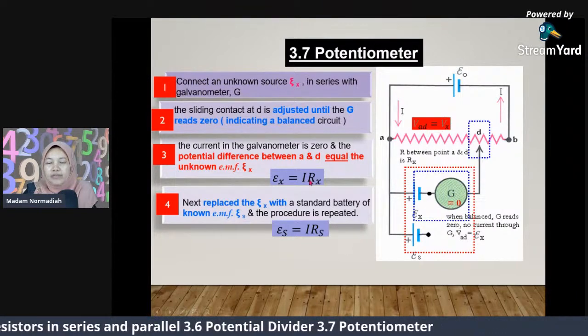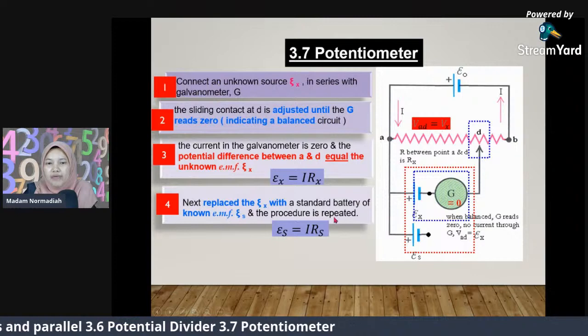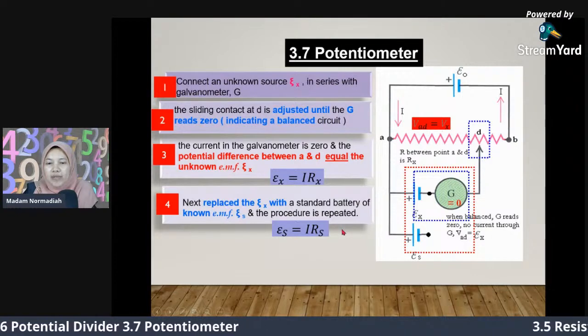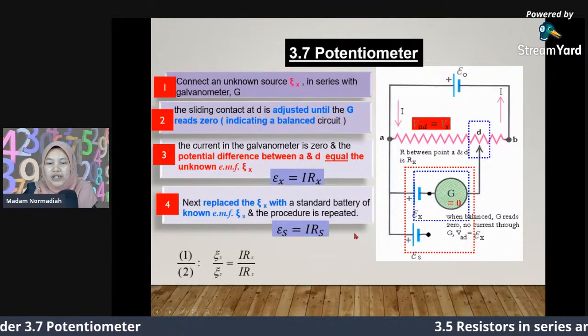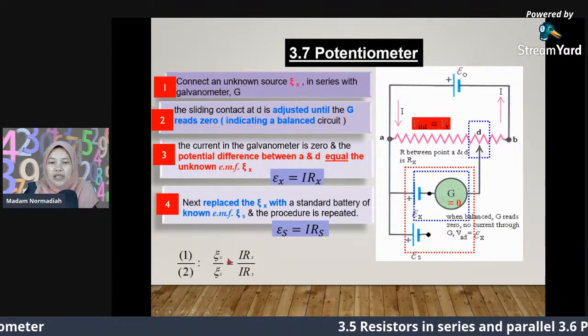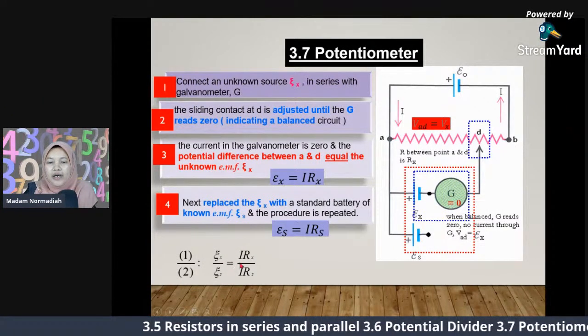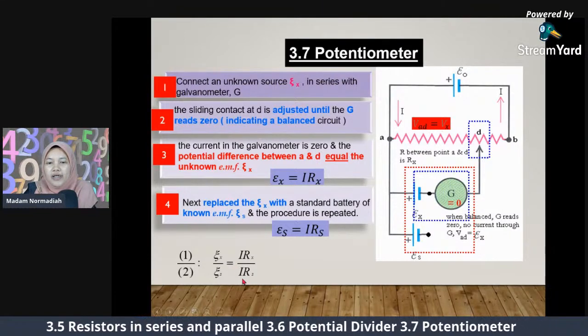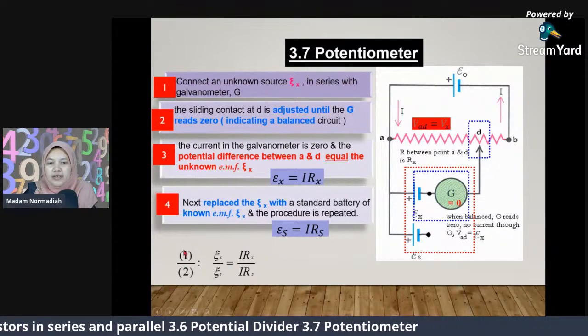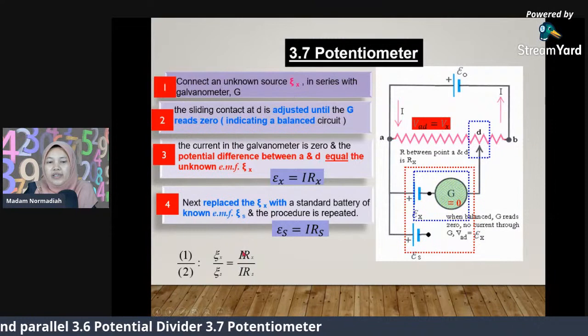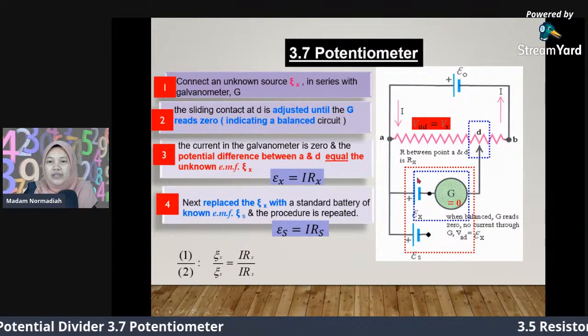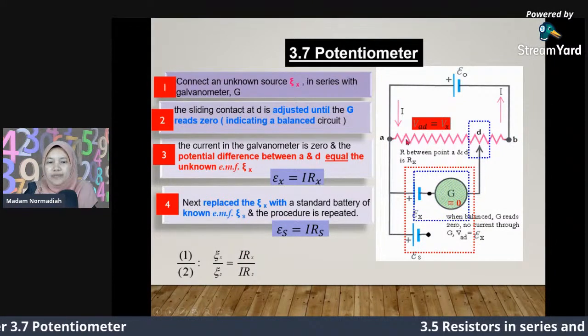By taking both equations, EMF X and EMF S, we can ratio them. EMF X over EMF S equals I Rx over I Rs. Did you notice that the current that we use in this circuit is the same?